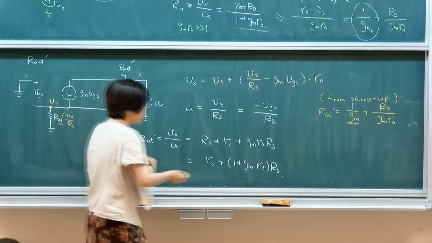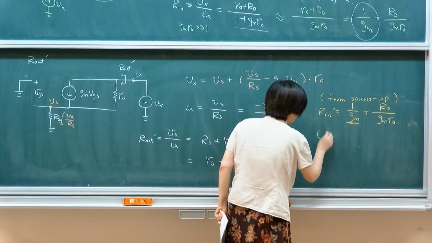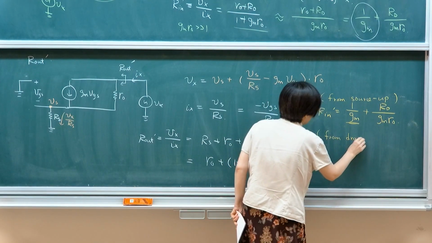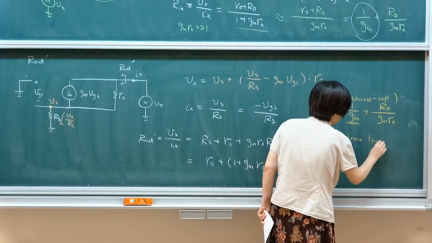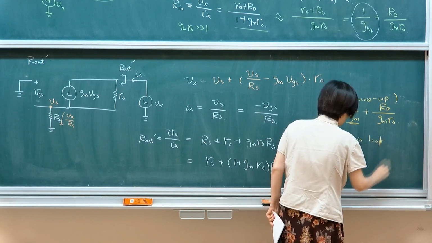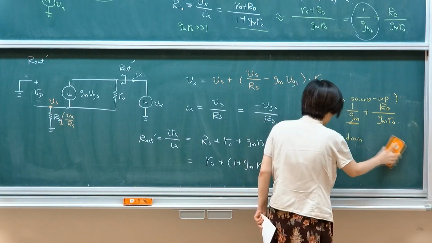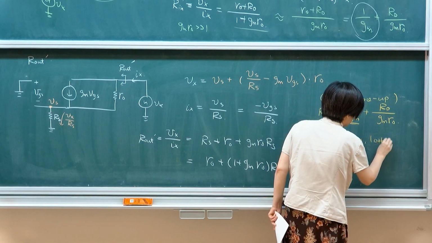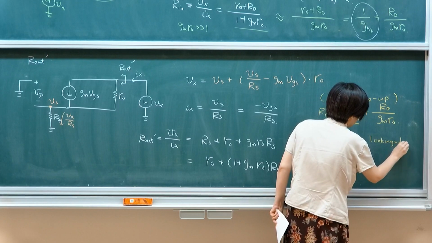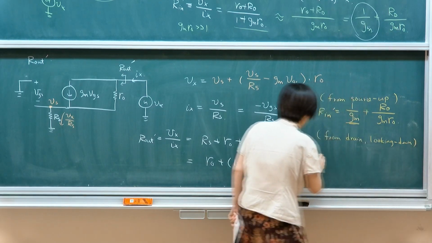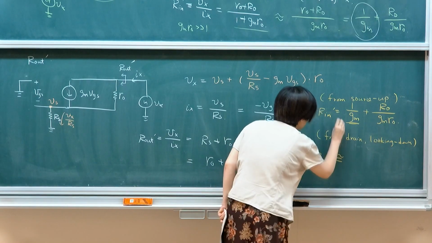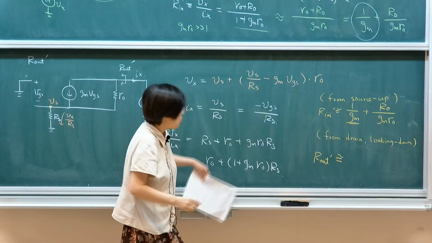On the other side, this will be R out, looking down from the drain. Let me just use an approximation to make it easy.